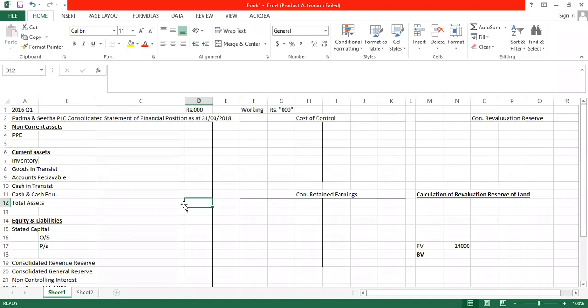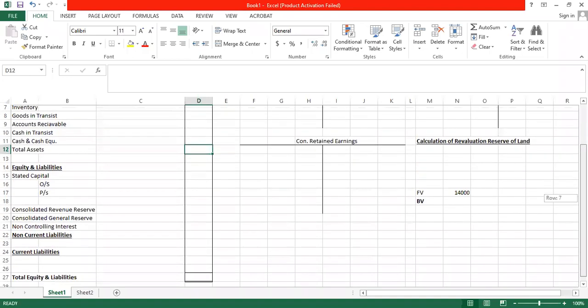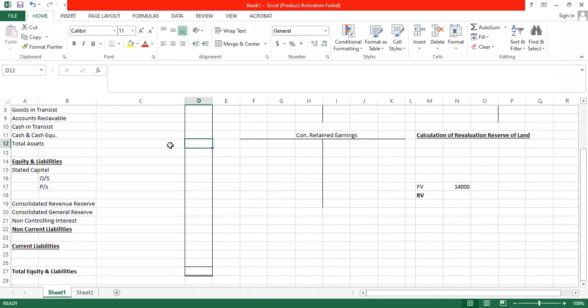Total liabilities means the summation of non-current liabilities and current liabilities both. So you have to deduct all the liabilities from total assets. Now, if you take any balance sheet, total assets, and deduct your non-current and current liabilities, what is the remaining part?